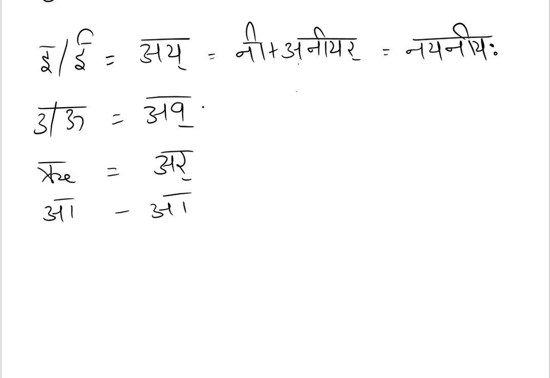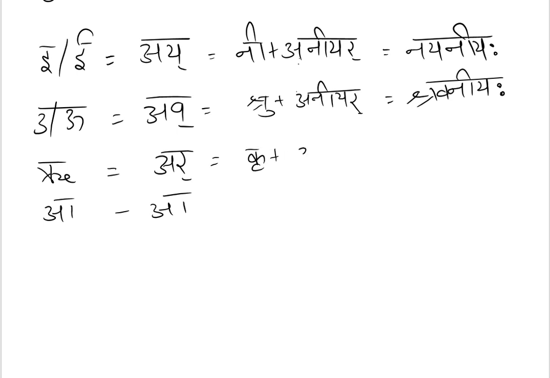Next, if u or badi u is there, that will become ava. For example, shru plus aniyar. So that will become shravaniyah. Like that. If ri example is there, we can say kri plus aniyar.